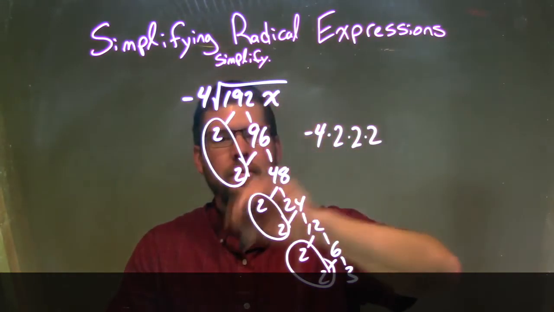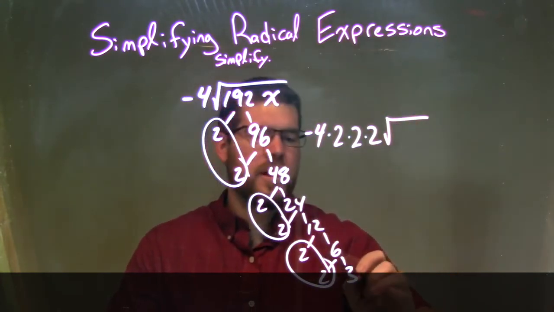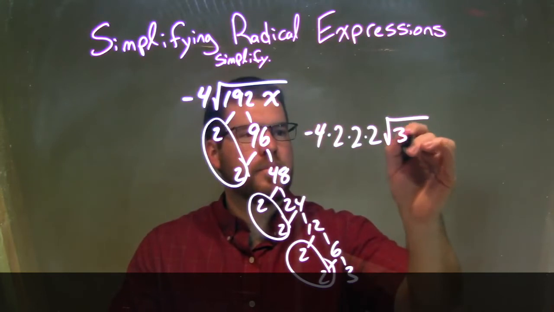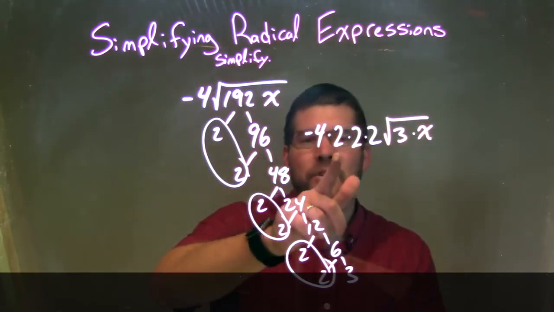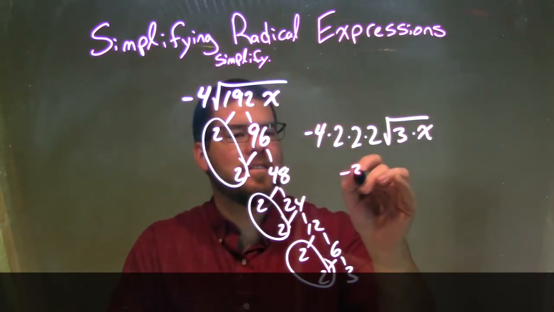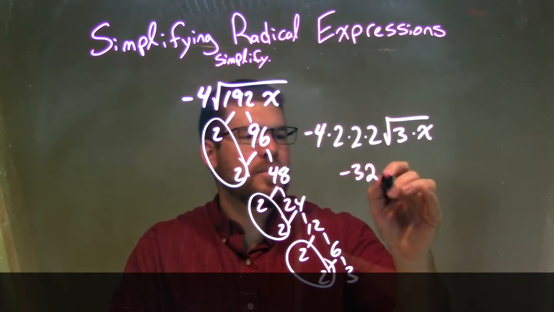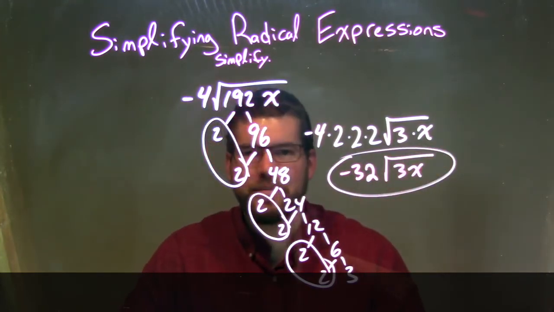Singles on the outside of the square root represent the pairs on the inside of the square root. Times the square root of the singles that were left inside the square root, which is a 3 times an x, 3 times an x. So now let's simplify. 4 times 2 is 8, times 2 is 16, times 2 is 32. So we have negative 32 here, times the square root of 3x. And that is our final answer.